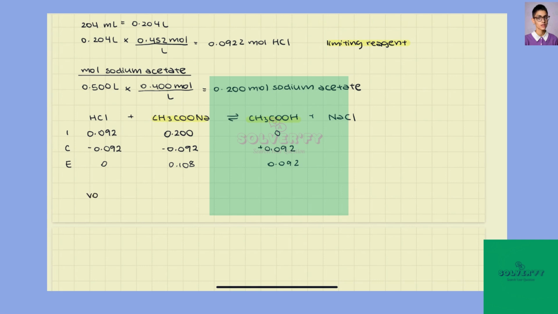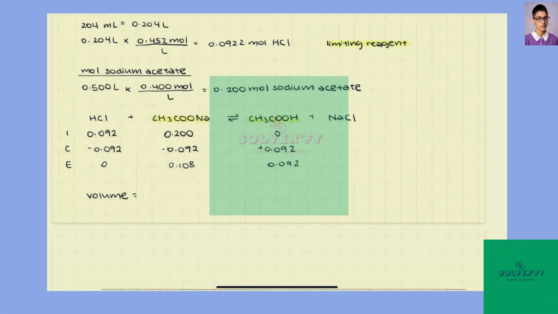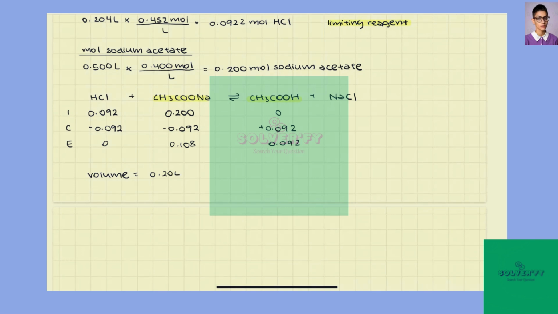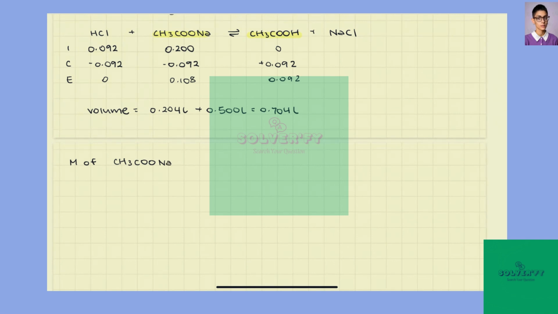And our total volume, as we know, we have used 204 milliliters of HCl and 0.5 liters of sodium acetate. All we need to do is do the addition. We will need to use this information to find the number of moles for the acid and the conjugate base. So we will calculate this portion. We know that 1 molarity is a mole over a liter.